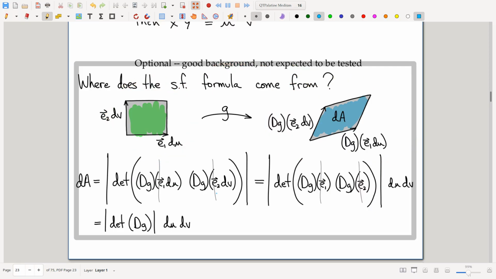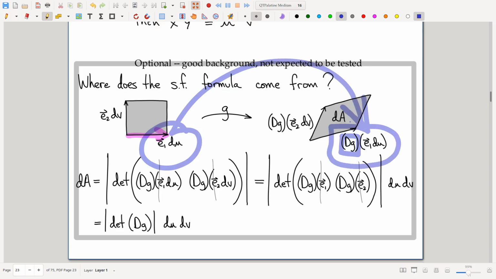First of all, I have to get my hands on what we're talking about. This vector is in the E1 direction and has magnitude du, because that's the width du of this little subrectangle. So that's E1 du. And the derivative matrix is what turns that into its image.